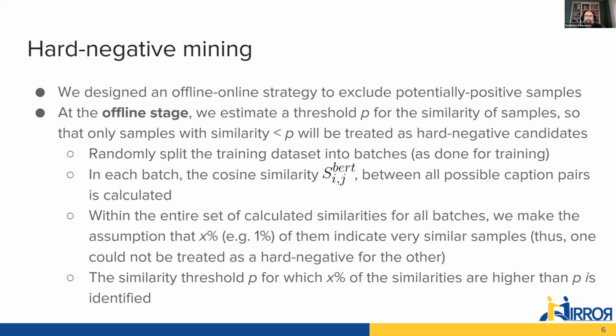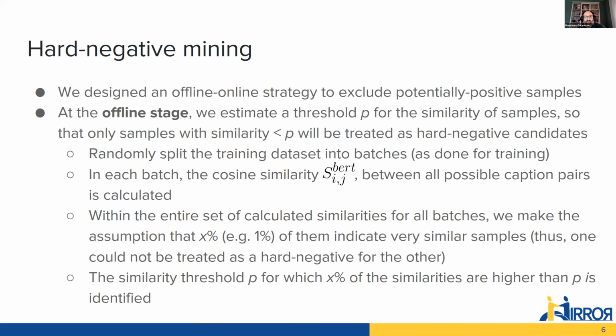In order to mine hard negative samples, we design an offline-online strategy to exclude potentially positive samples. At the offline stage, we estimate a threshold P for the similarity of samples so that only samples with a similarity smaller than this value P will be treated as hard negative candidates. First, we randomly split the training dataset into batches as done for training.